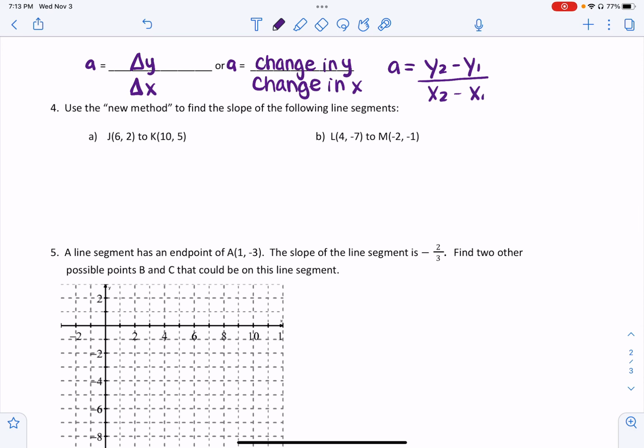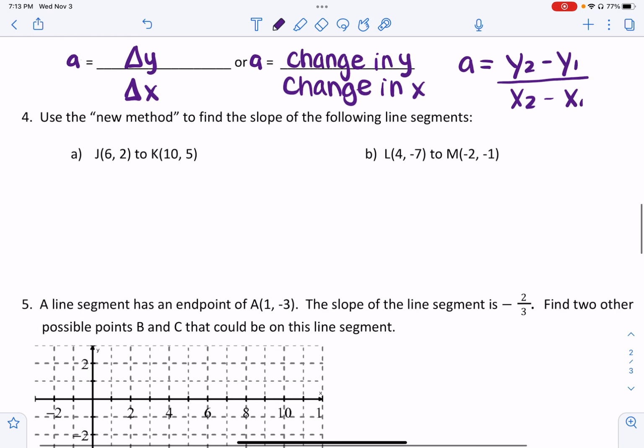So let's practice with this formula. I'm going to find the slope of a line segment that goes from J, which is at 6,2, to K, which is at 10,5. So instead of graphing at this time, I'm going to use this formula. The first thing that you want to do is label your points.